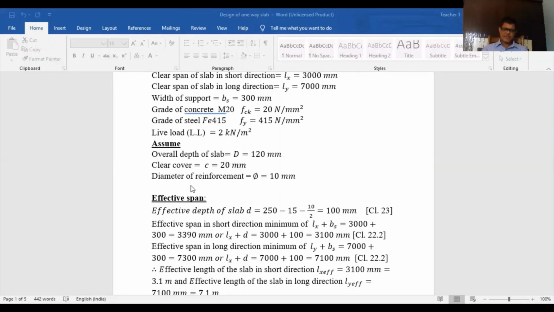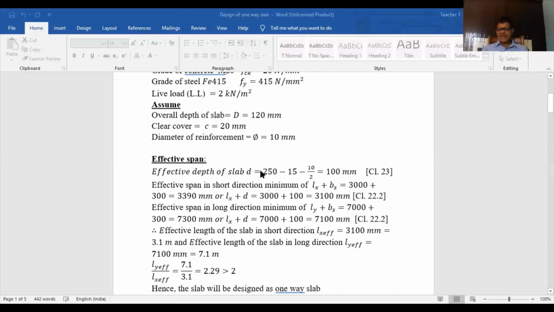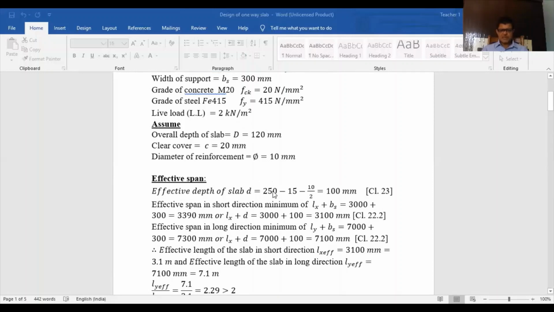We'll discuss that later. Now the effective depth, like for beams we have seen in clause 23: overall depth minus cover minus half of the bar diameter. As the cover to reinforcement, the clear cover you can take 15 basically. It is 20, but it is taken 15. There is a mistake here: this is not 250, this is 120.